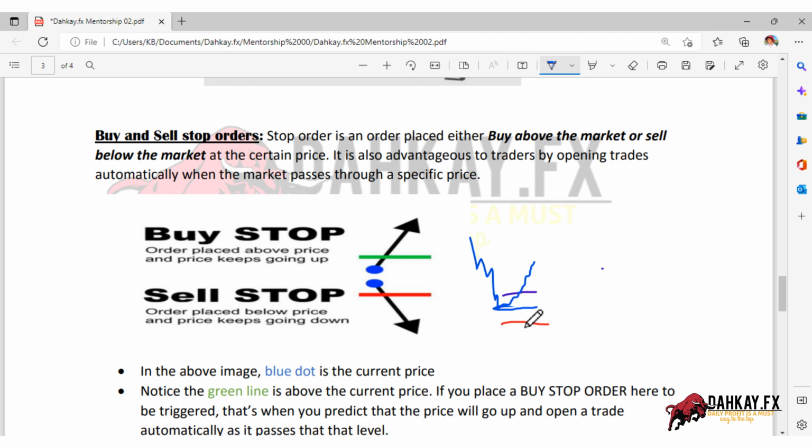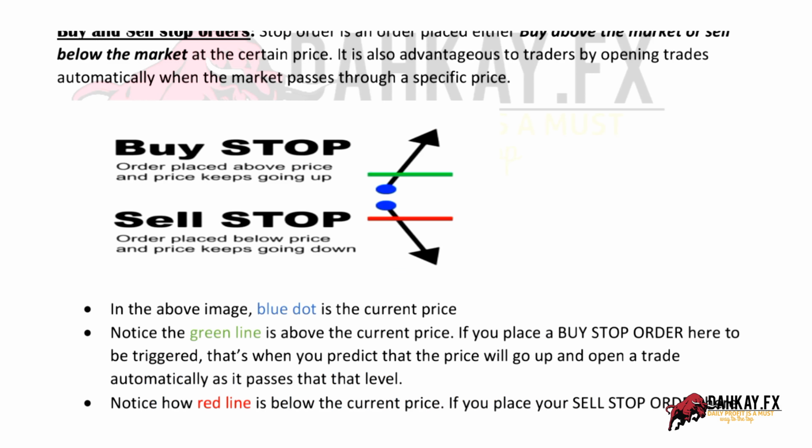And the same thing if the market is going downwards, like from here, and it goes downwards. In that way, once it hits your order, you'll be in and the market will go down and you'll make profits. So this is one of the strategies used by most traders during the big events, because big events are not easily predictable.